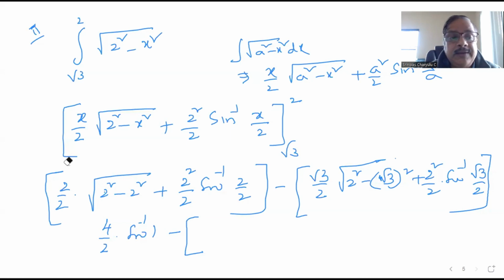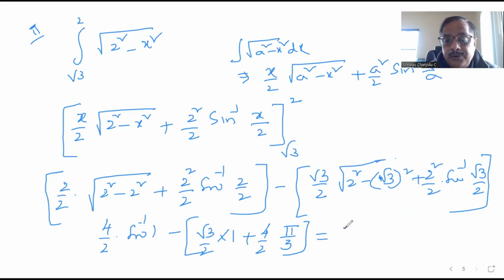So 4 minus 3 will become 1. So here root 3 by 2 into 1, plus 2 square by 2 means 4 by 2, sine inverse root 3 by 2. Sine 30 degrees is half, sine 60 degrees is root 3 by 2. So you can write here pi by 3.